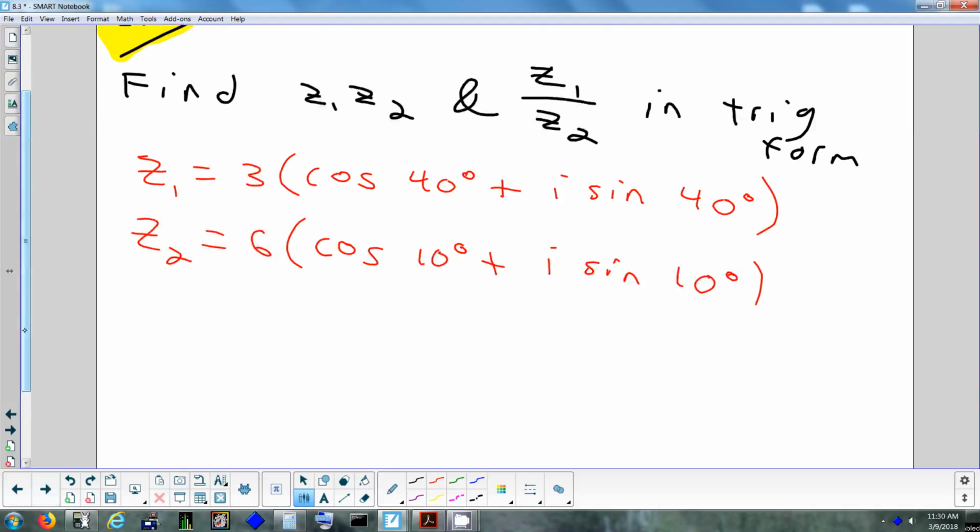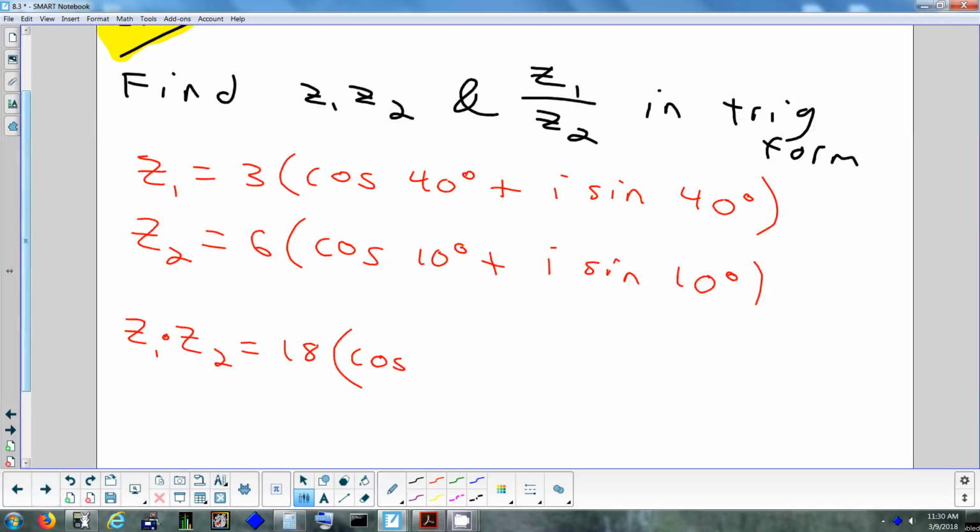Okay, first thing it says is to multiply them together. Old way, you're thinking foiling, i squareds, all that. New way, it all goes away. What's my radius going to be when I multiply these together? 18. We're halfway done. So there's my radius.